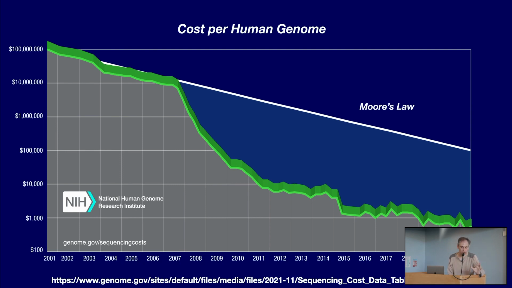But this is one of the driving factors through the years. By the way, the whole Human Genome Project cost $10 billion. So that's the funding we were talking about.